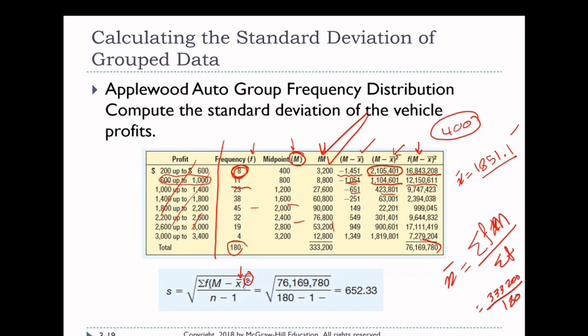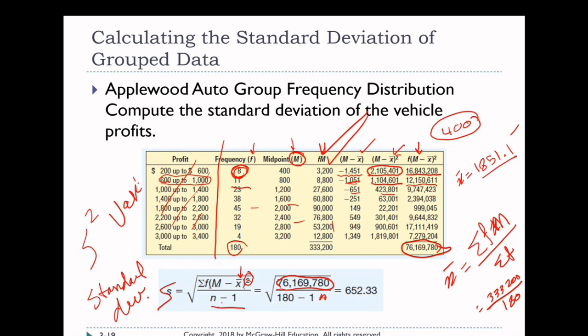This total becomes the numerator, divided by 180 minus 1. Here S is the standard deviation. S square is what we call the variance.